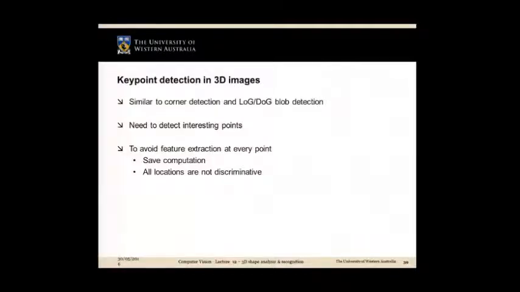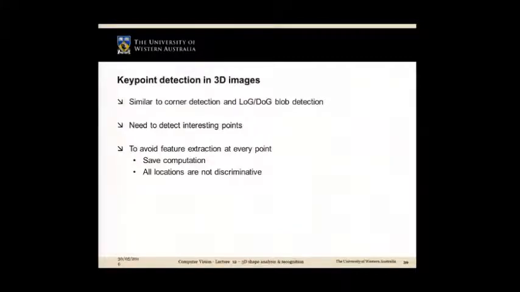So instead of extracting features from all the points, you just detect some significant points and extract features around that point. And instead of a rectangular window, you will use a circular patch in this particular case because you have a 3D surface here.